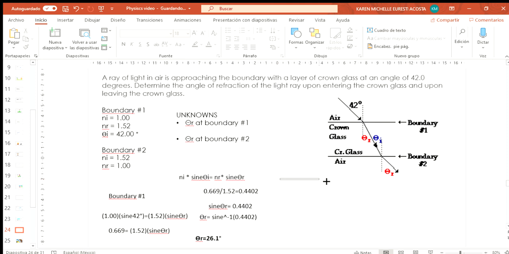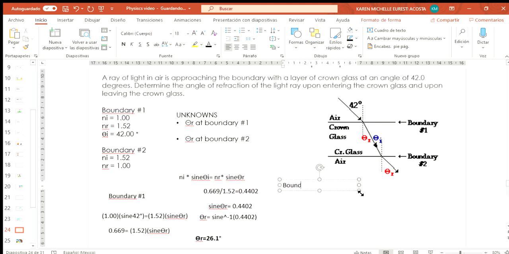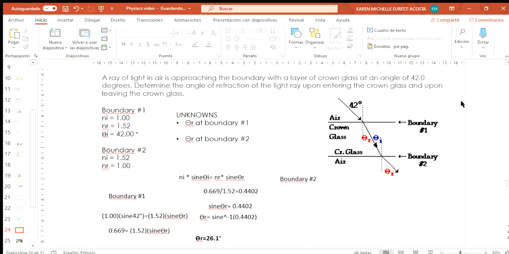So for boundary number 2, we're going to use the same formula. So we're going to replace the values.